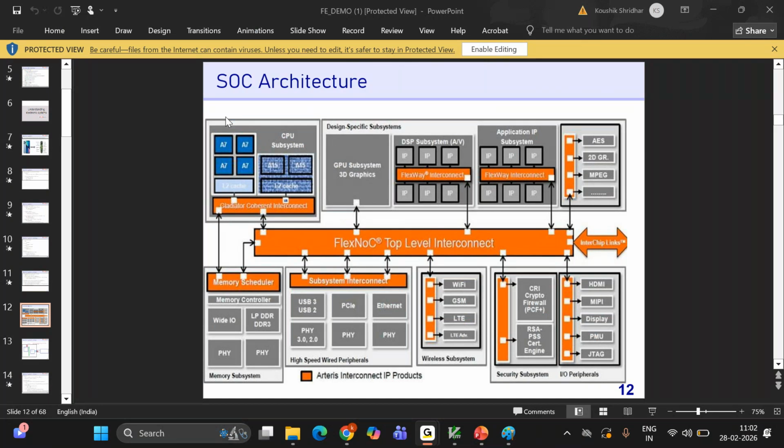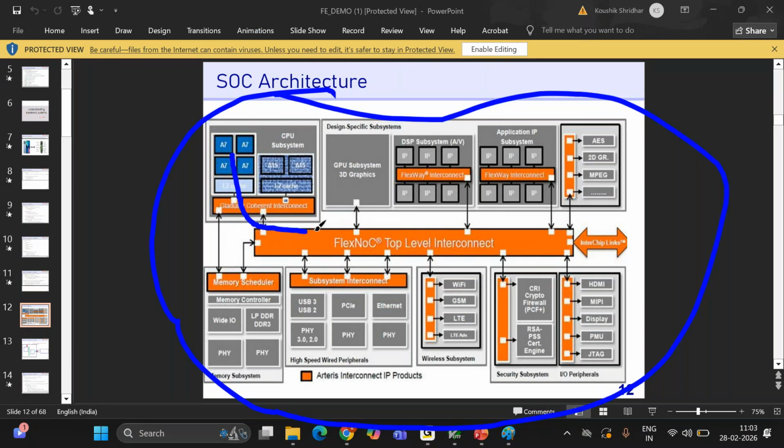So a front-end engineer, once you learn the basics, can end up in SoC verification, where you will be part of verifying the entire SoC. Meaning what? The CPU does transactions for the USB.